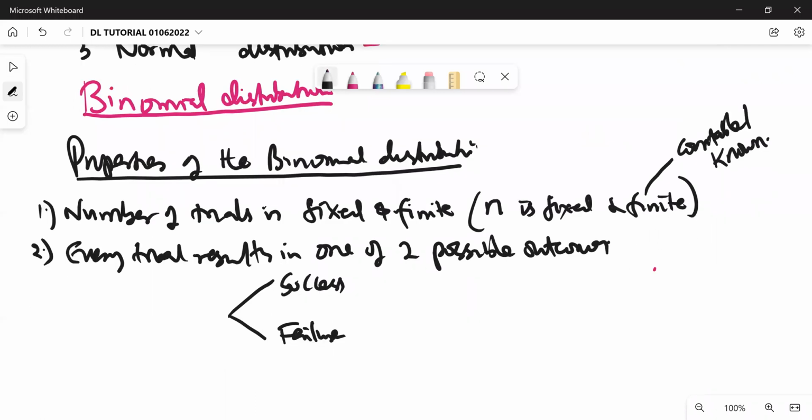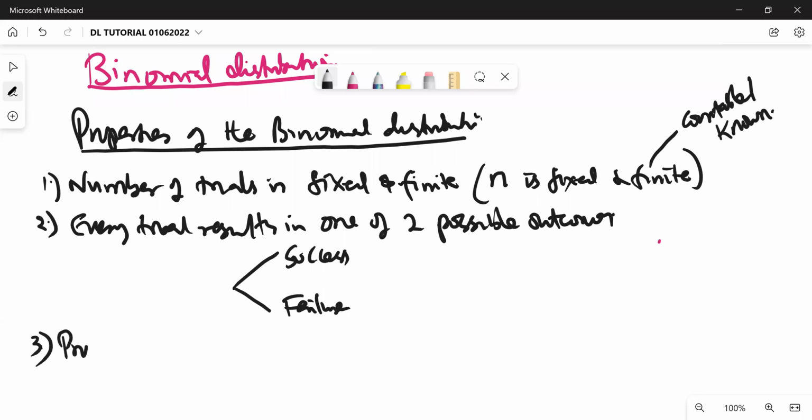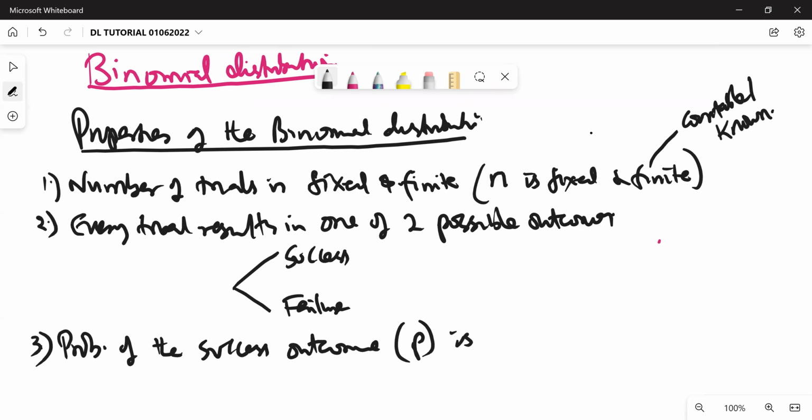Number 3 is that the probability of success, let's say the probability of the success outcome, which you usually denote by P, is constant throughout the experiment. So this probability does not change.